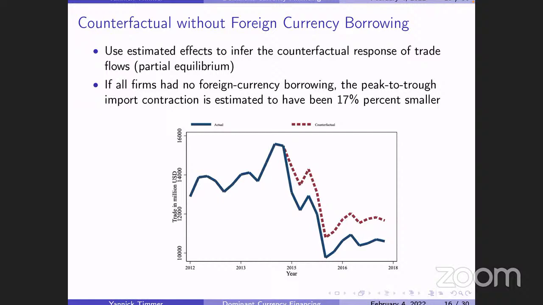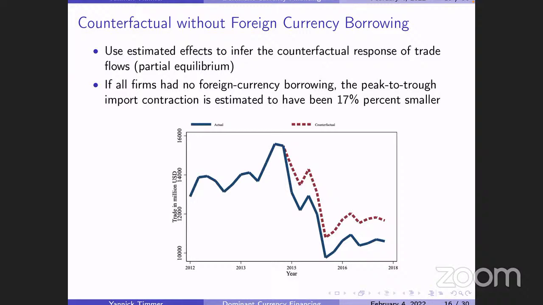We can plot the actual amount of imports that the firms have relative to the amount of imports that the firms would have without any foreign currency borrowing. And so then you can see when the depreciation hits, the imports of firms are going down from like 2,500 million to around 10,000.